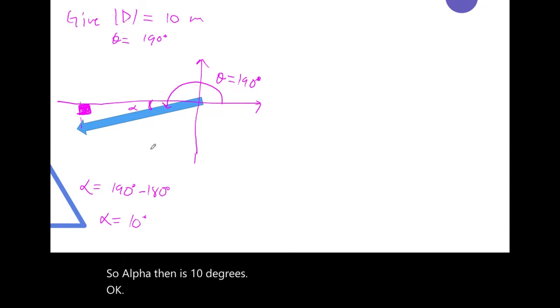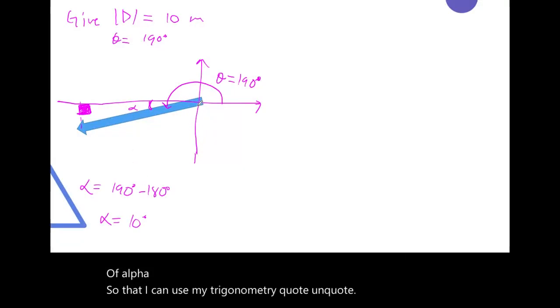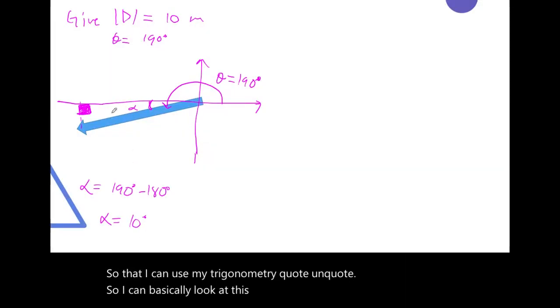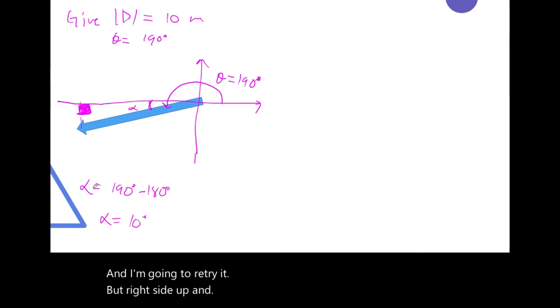Okay. So now I got this small angle alpha so that I can use my trigonometry, quote unquote. I can basically look at this triangle and I'm gonna redraw it, but right side up and mirror flipped, so it's a little easier to see.